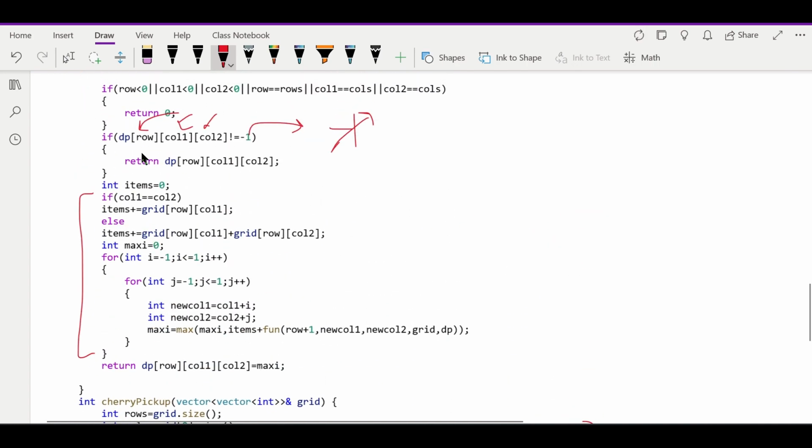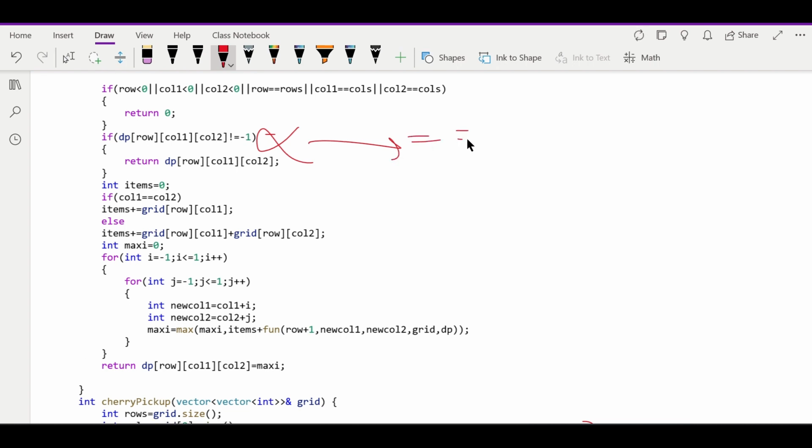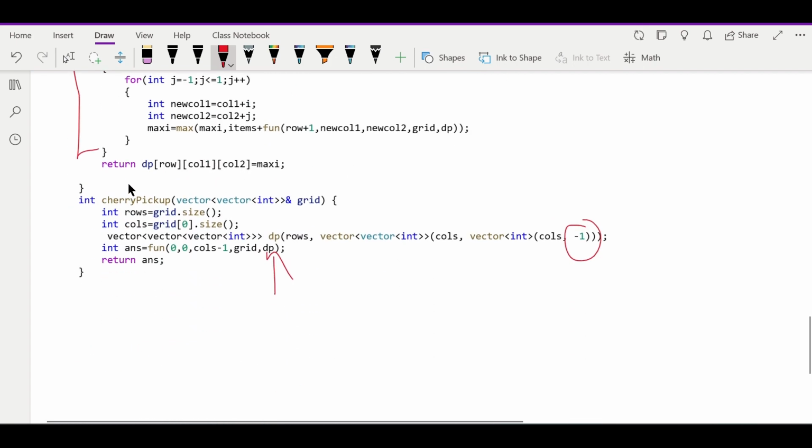If that's the case, just return whatever value you have. Don't make any unnecessary function calls for that row, column 1, column 2. And if your value is -1, that means you haven't calculated for these three variables, so make function calls, and store the answer in that space.